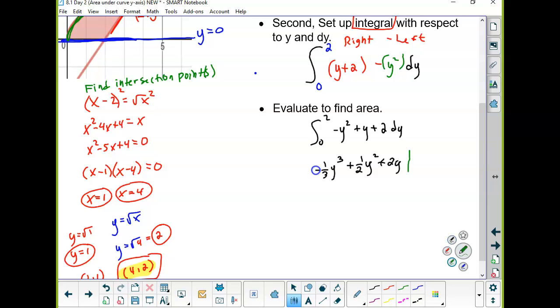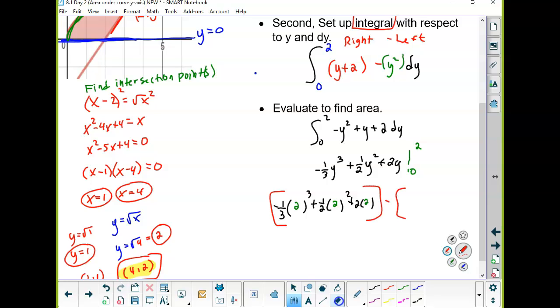And then we still haven't done anything with the bounds. So we're going to evaluate from 0 to 2.